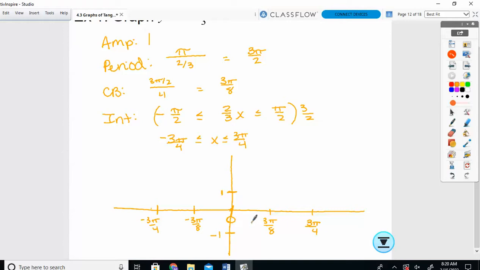Negative 2 is 1, so we plot the 1 and the negative 1. So the reason we picked this is because it has asymptotes at both ends. And the middle point will be 0.